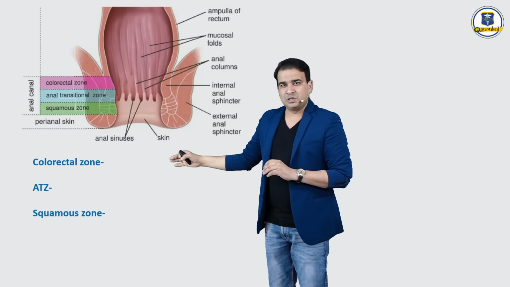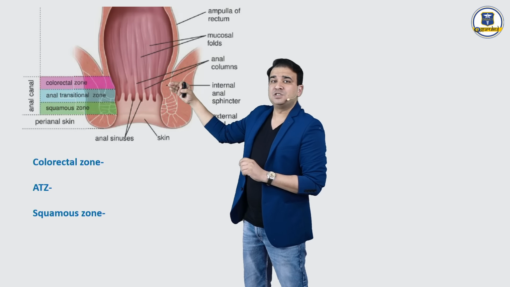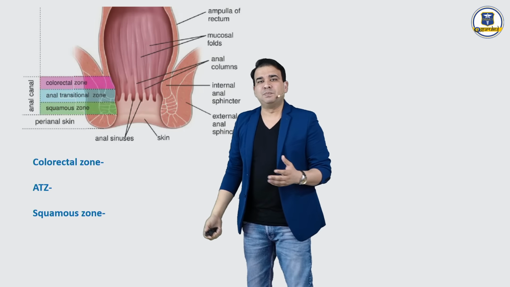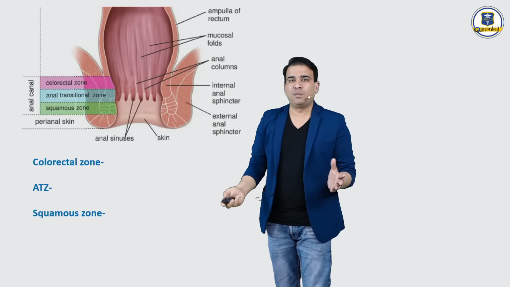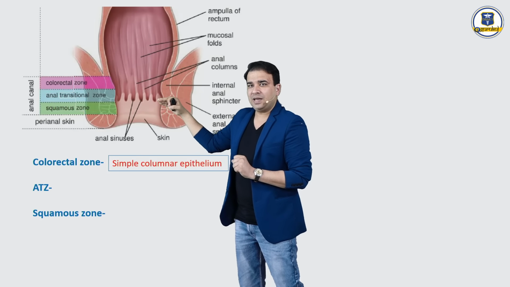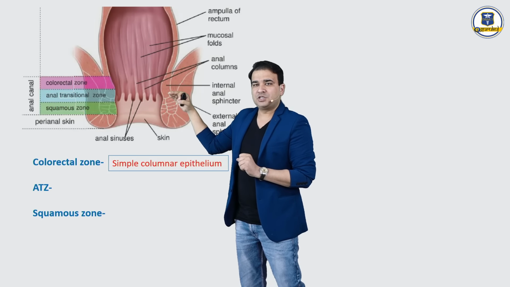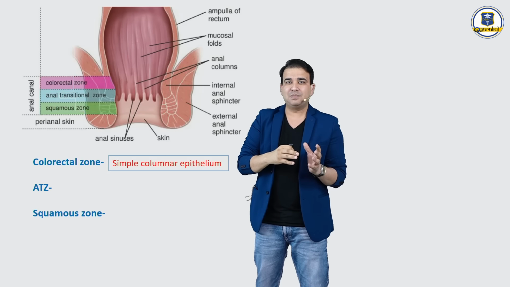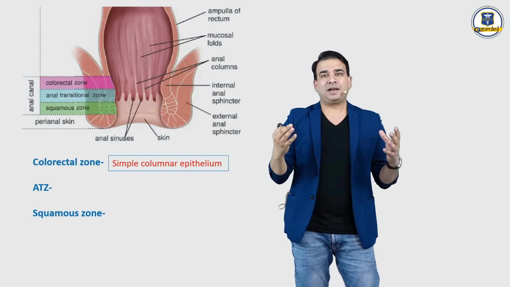The colorectal zone is having the lining epithelium which is just like the lining epithelium of the colon above. So it is the simple columnar epithelium with loads of goblet cells present there. But if the question is asked on the anal transition zone, the transition zone is having the epithelium which is now not the columnar, it becomes the stratified columnar epithelium.